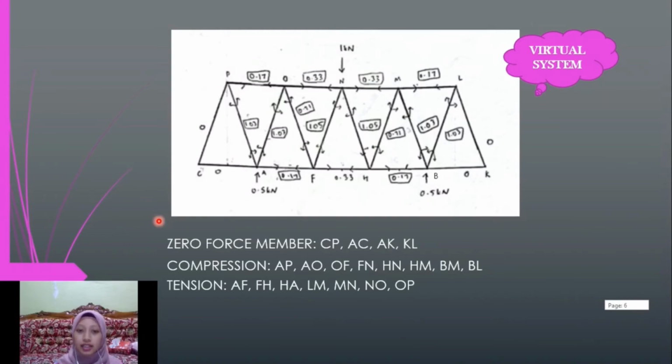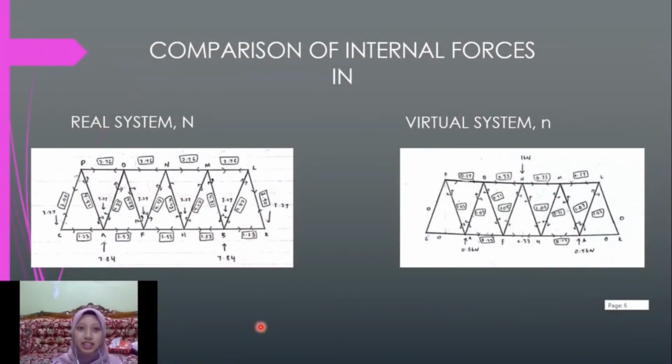Meanwhile, AP, AO, OF, FN, HN, HM, BM, and BL are in compression, and the rest, AF, FH, HA, LM, MN, NO, and OP, are in tension. So, this is the comparison of the internal force in the real system and the virtual system.